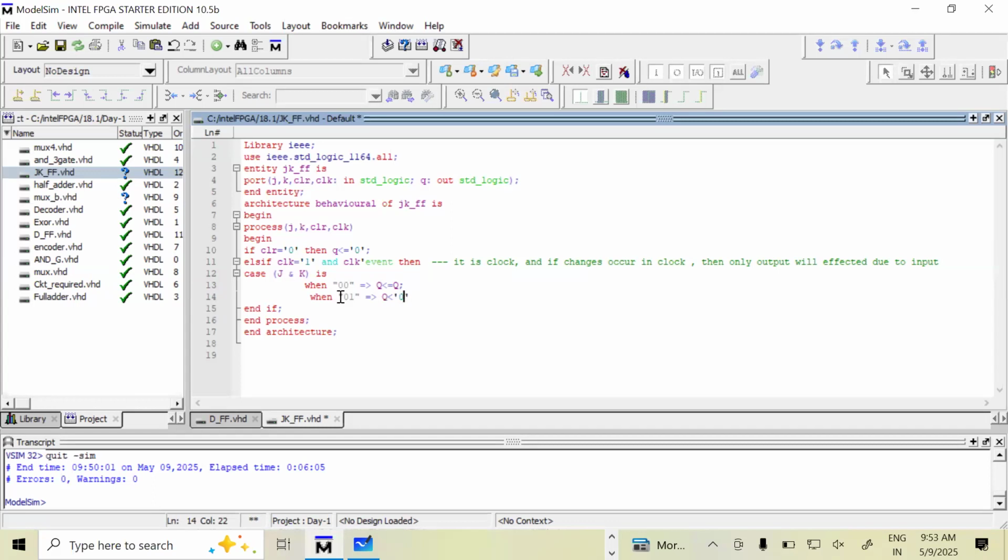When 0, 1, Q is less than equal to 0. When 1, 0, Q is less than equal to 1.